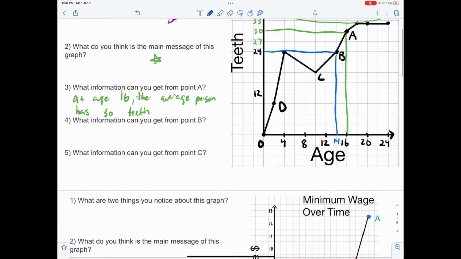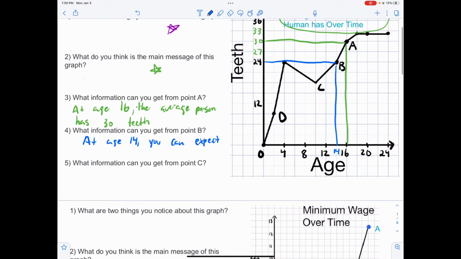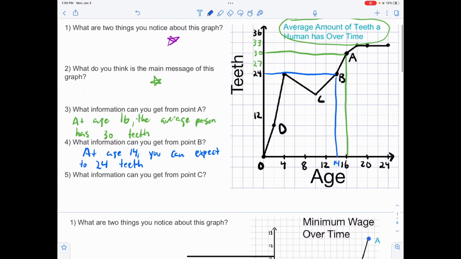There you go. So at age 14, you can expect to have, hey, that's like you guys. You can expect to have 24 teeth. Maybe you guys have more. Maybe I didn't do this graph totally accurate. You guys can judge me on that. Okay. And then we still have to figure out point C.